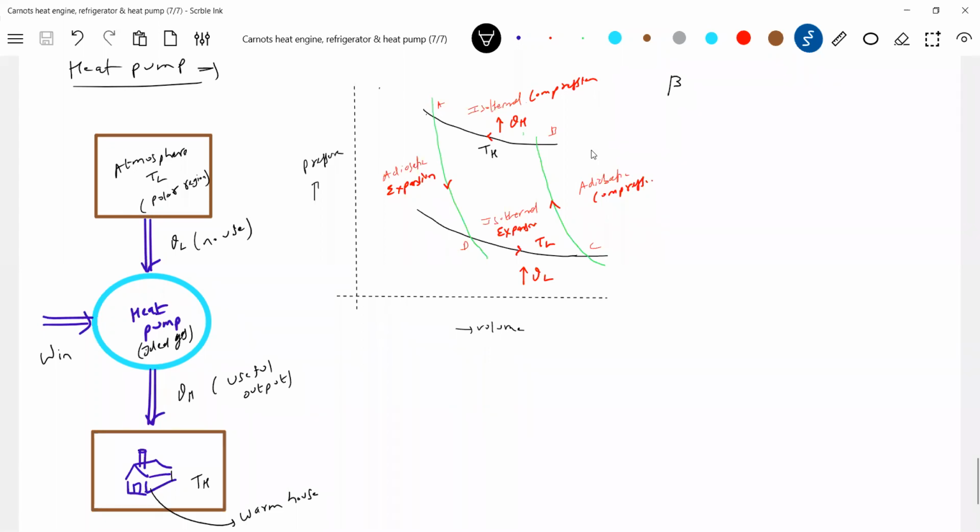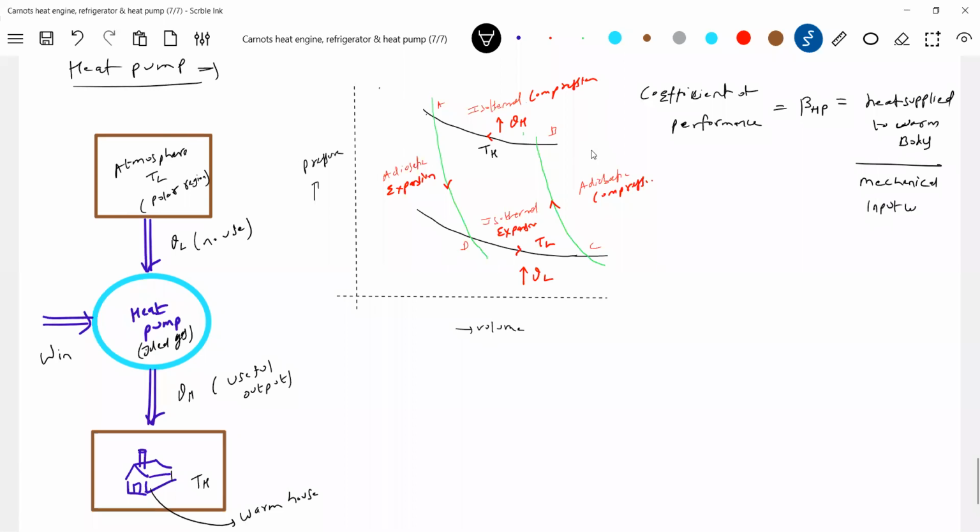So the coefficient of performance, beta of HP, heat pump, whereas beta R is for the refrigerator. It is the heat supplied to the warm body by the mechanical input work done, equal to heat effect by work done.